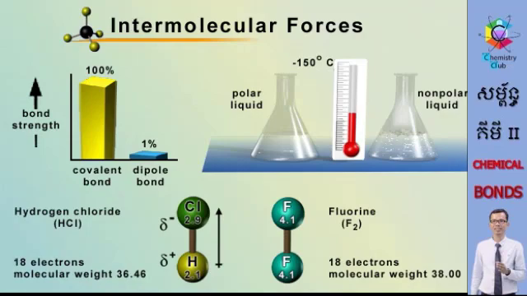As an illustration of this, hydrogen chloride and diatomic fluorine both have 18 electrons and similar molecular weights. Because of this, it would be natural to assume that they would have similar boiling points, since attraction due to London dispersion is similar for molecules of similar size.